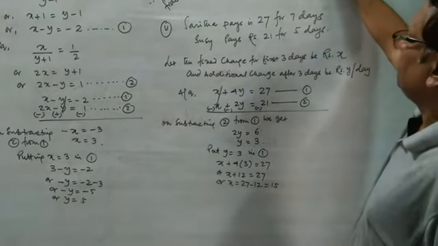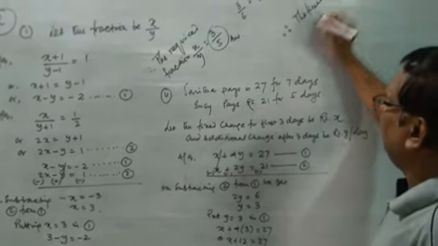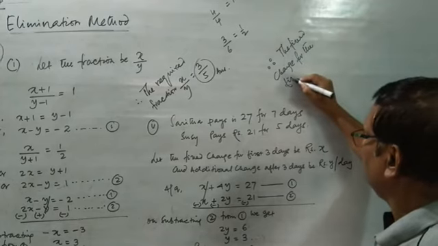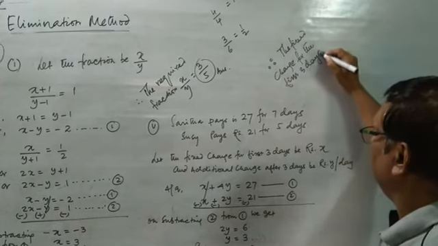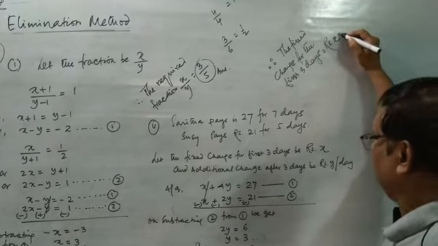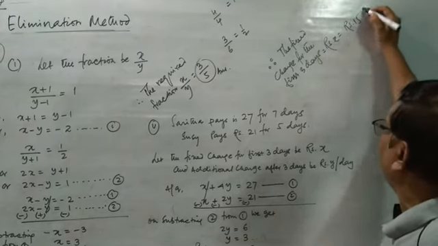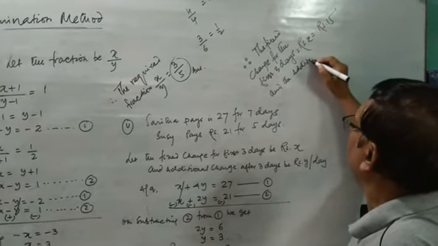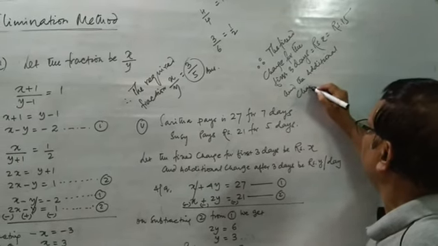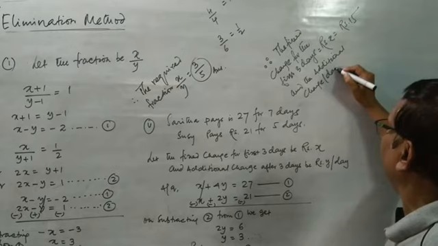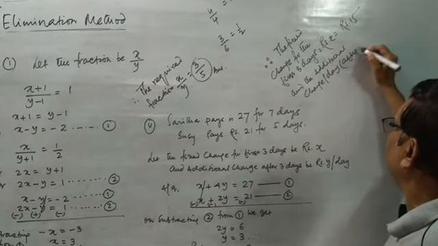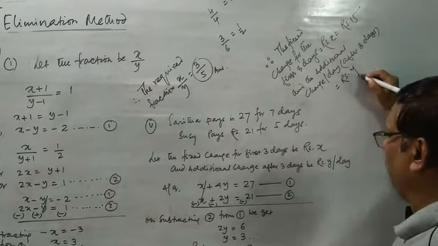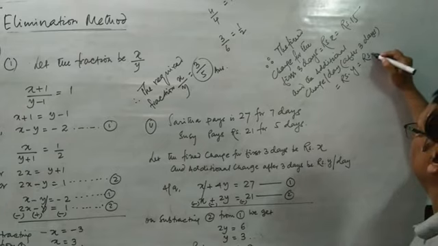Therefore, the fixed charge for the first 3 days equals rupees X, which is rupees 15, and the additional charge per day, after 3 days, is equal to rupees Y, that is rupees 3.